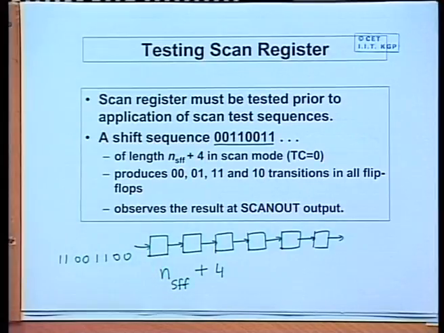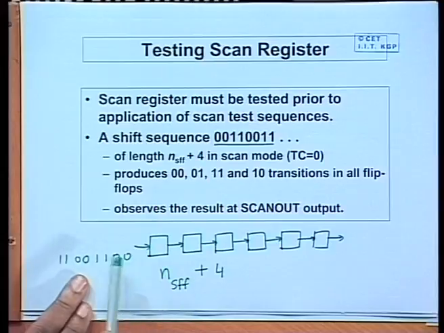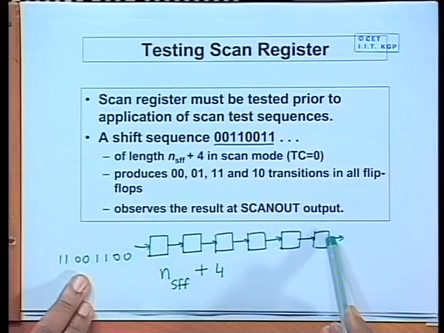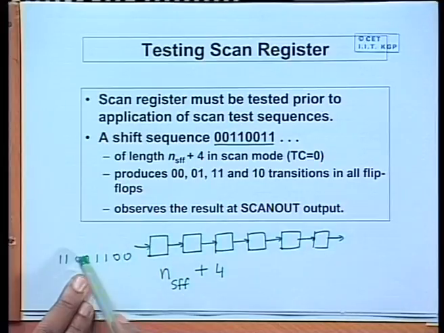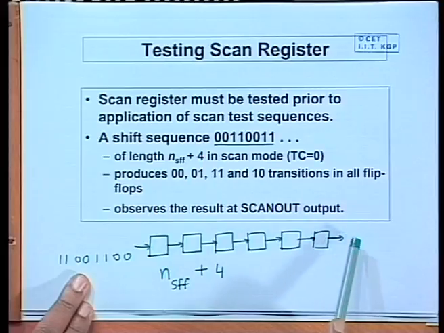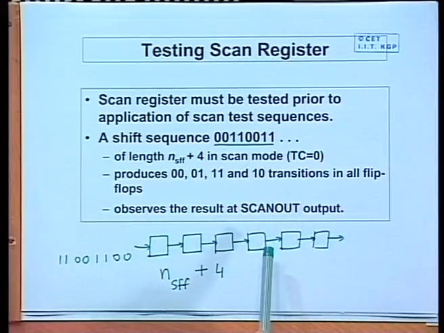So, actually I am testing all possible transitions in each individual flip flop, and also whatever I am feeding is coming out at the other side, means without any change, without any modification. Then only I can say with some confidence that the flip flop is working correctly.